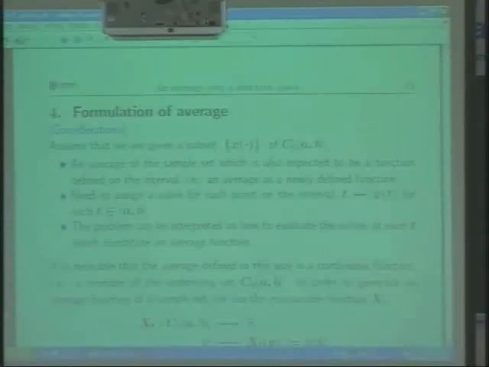The problem is how to define it. We expect it is, if there is an average, it should be another function. And we need to assign a value for each point t. But how to evaluate the value at each point t? We have many functions from a to b.